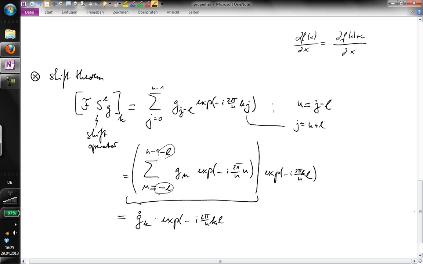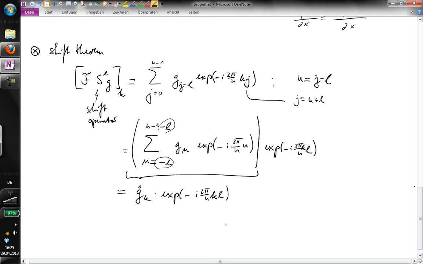And there was a k missing here. So what we had originally was our shift of our signal, and that amounts to a modulation. So multiplication with an oscillation amounts to a modulation of its transform.